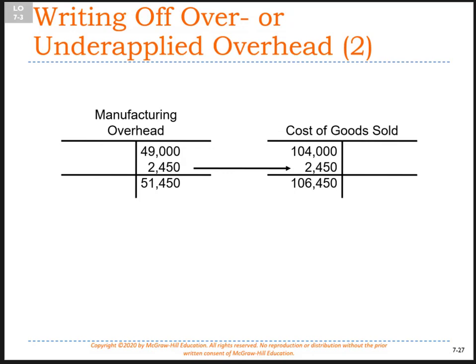So at the end of the year, to make our manufacturing overhead 0, we're going to credit it for $24.50. So when it is under-applied, we're going to credit it and debit cost of goods sold. If you remember, you just got to make it 0 and the opposite side goes to cost of goods sold, you'll be in good shape.